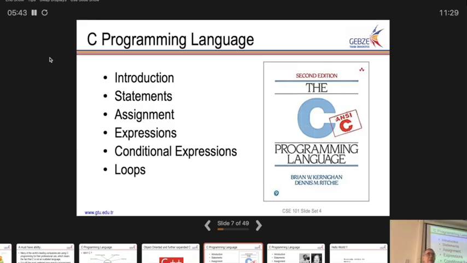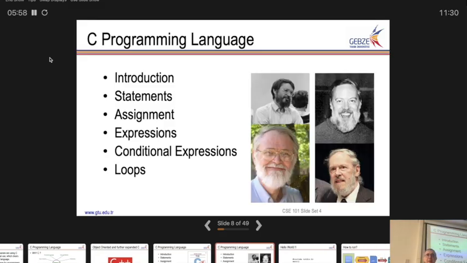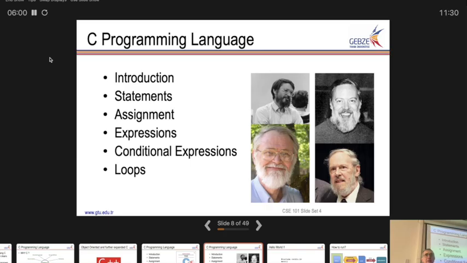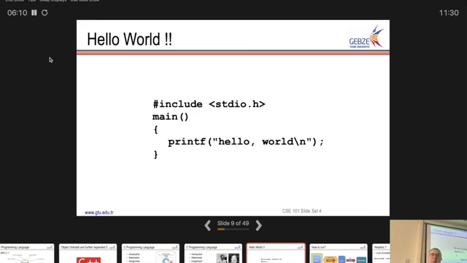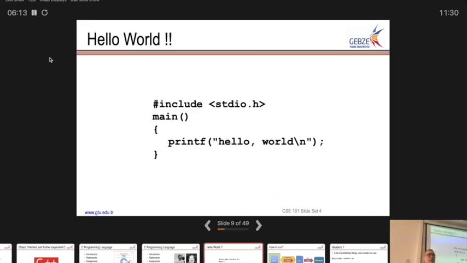We will be going through statements, assignment expressions, conditional expressions, and loops, and that will be it. Some file operations, input and output, it's finished. Functions, etc. These are the guys. In early times, it was black and white pictures, and color pictures are today. Typical hello world.